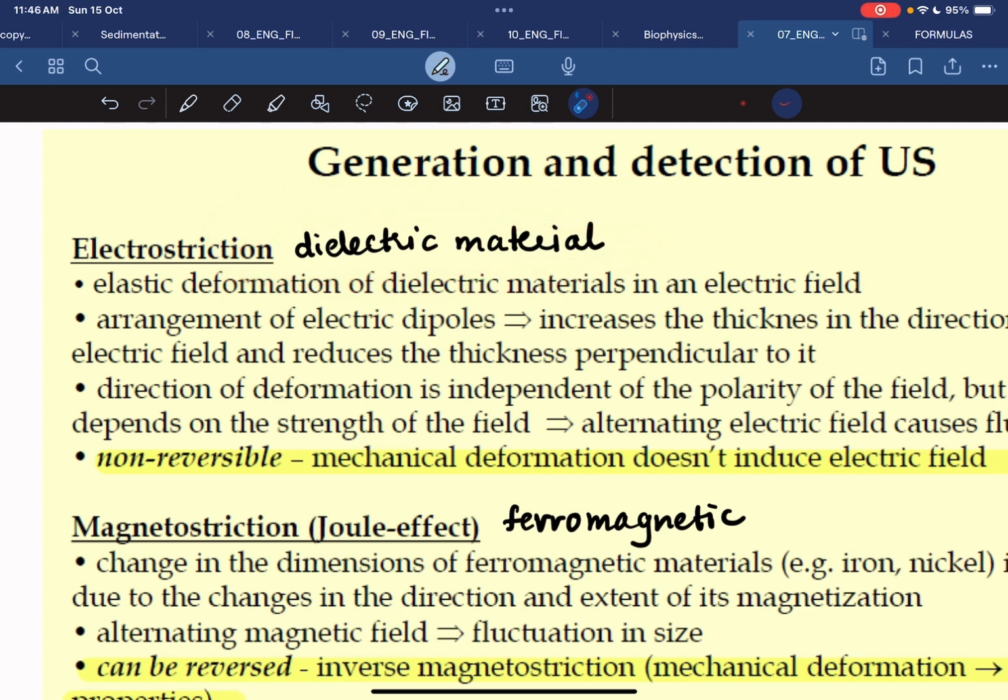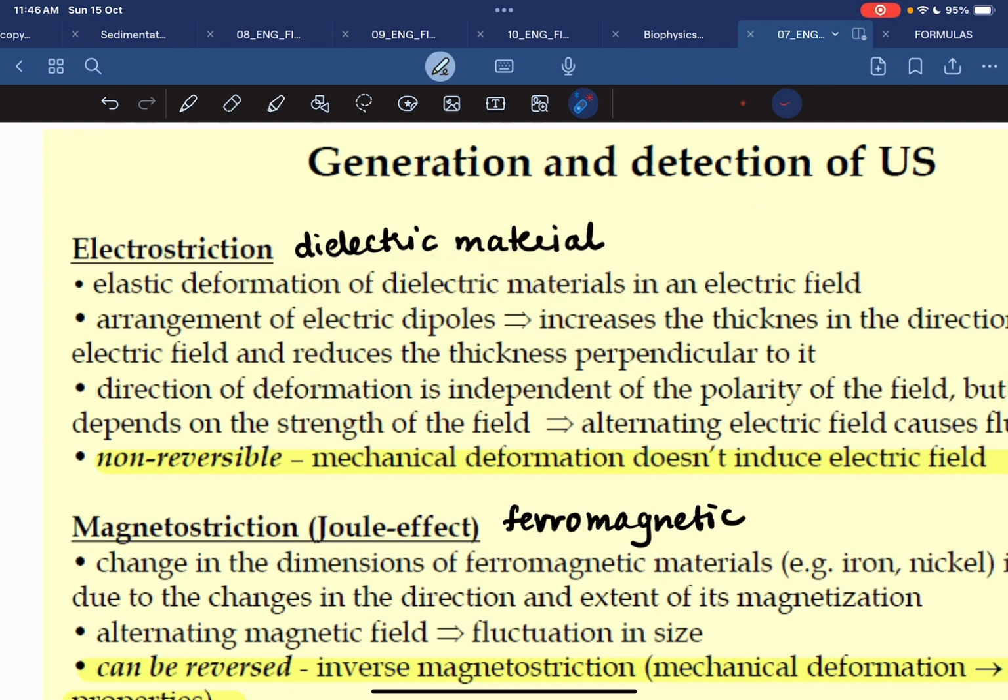Now, what happens when you pass electricity through this? Because of the alignment of those dipoles within the material, there is a shape change. It's very small, but there is a shift in the shape of the material.